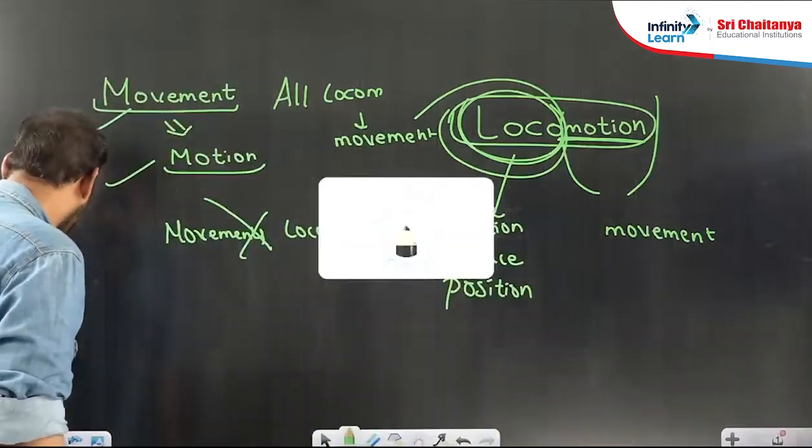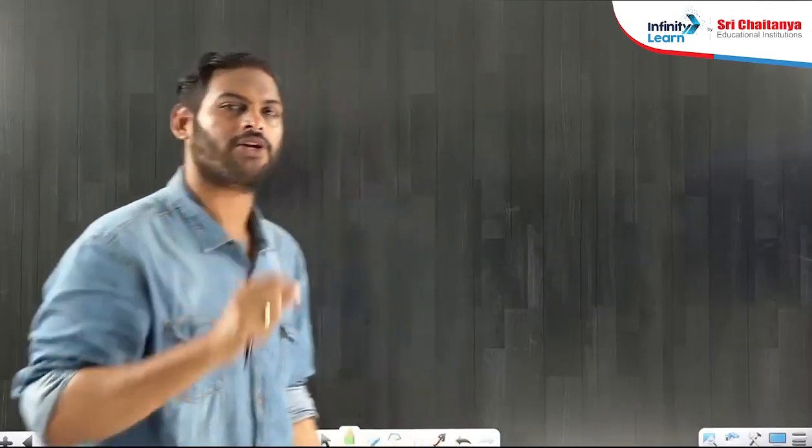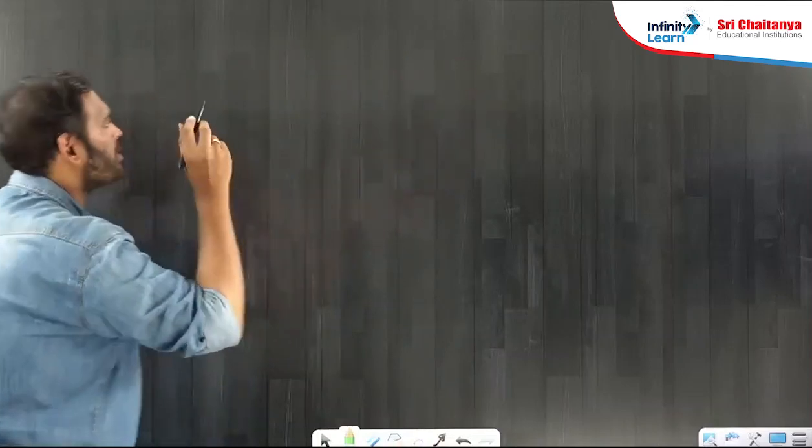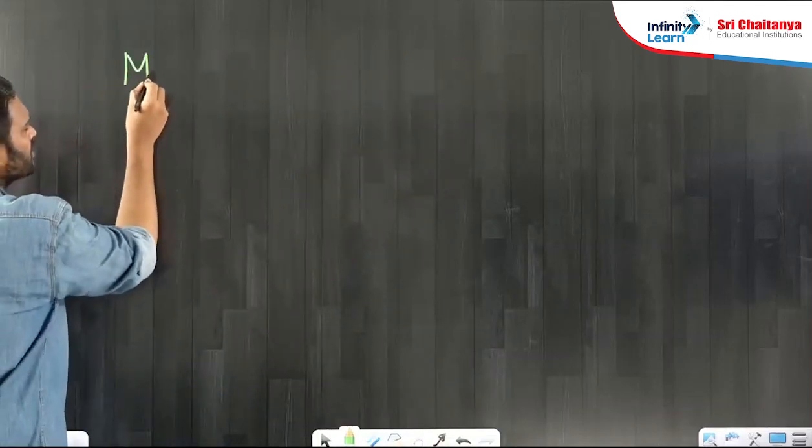And in our body, flagella help in movement, cilia help in movement, amoeboid macrophages do move, but which kind of structure is allowing us to move as well as simultaneously locomote? The only structure which allows you to move and locomote simultaneously is your muscle cells.